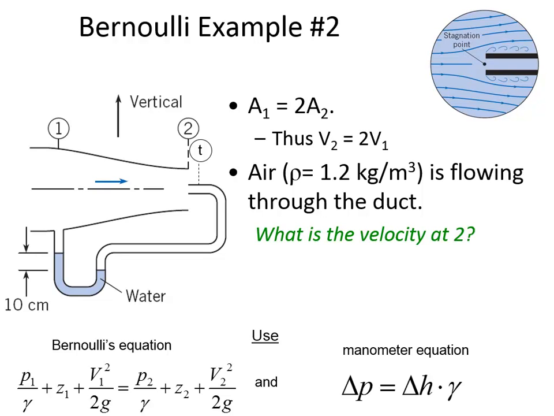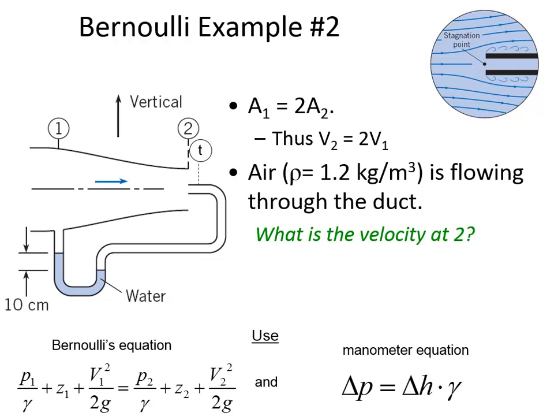In other words, the pressure in the tube minus P1 is equal to 981 newtons per square meter. That's the difference in the pressure. Now I can put that back into Bernoulli's equation.